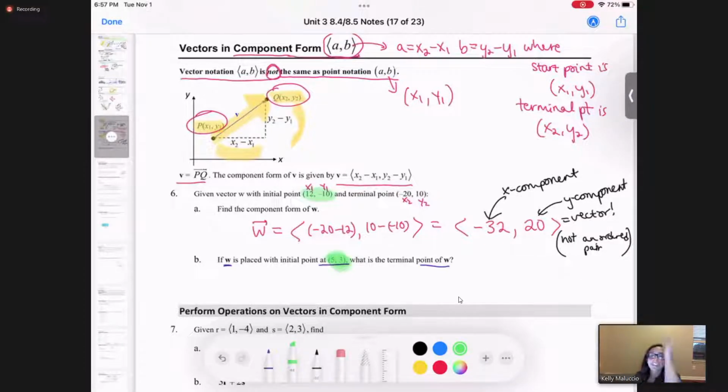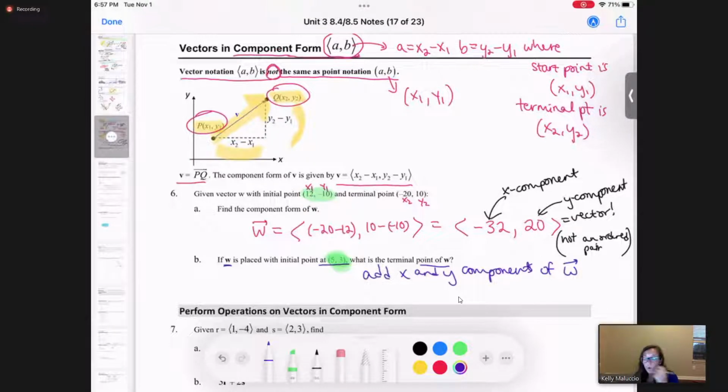When we don't see the graph physically, it's hard to count that, but there is a way that we can just solve this. What we have to do is add the x and y components of W.